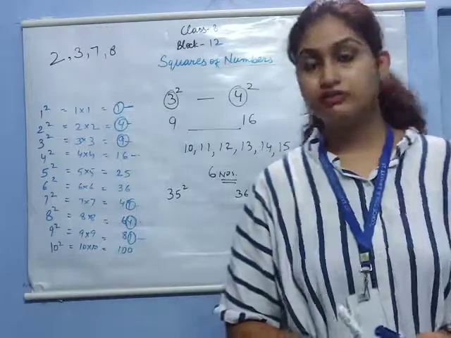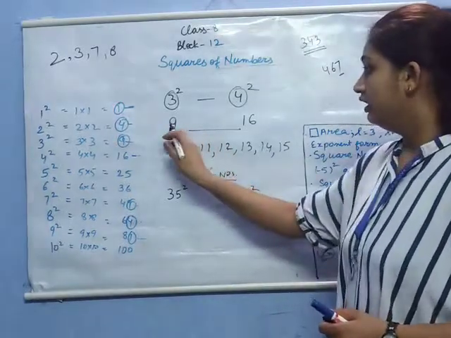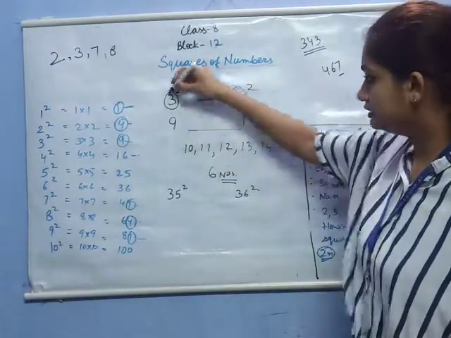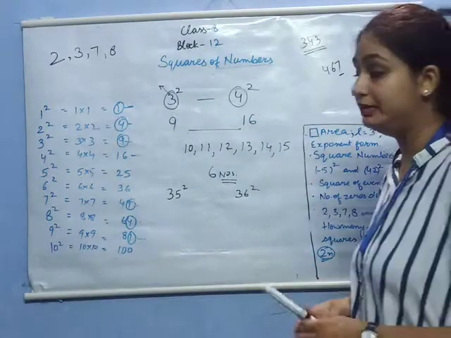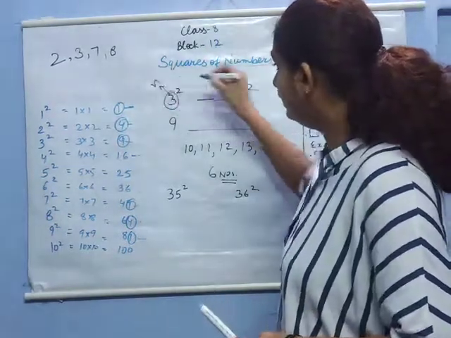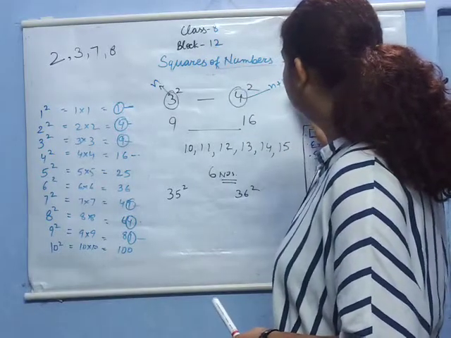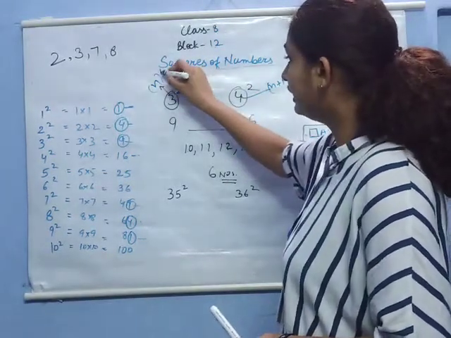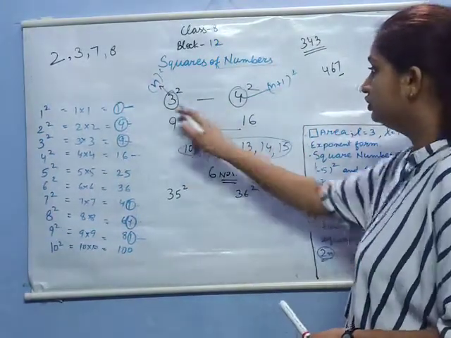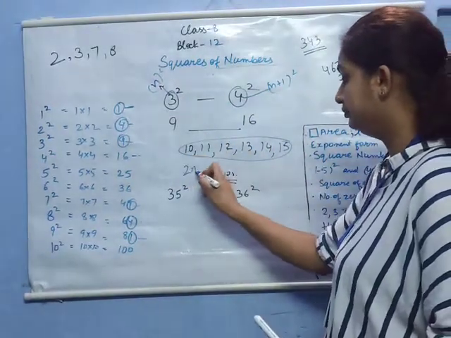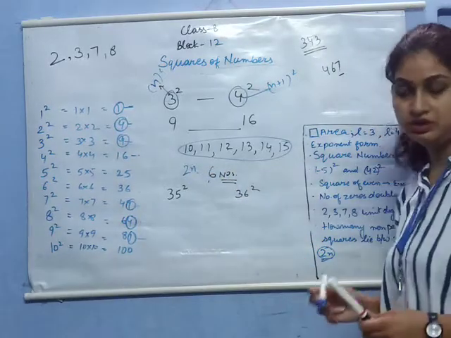So there is a formula. See, this is n, and this is n plus 1. If I take n ka square and n plus 1 ka square, how many numbers in between? 2 times n. 2 times 3, 6. Right?